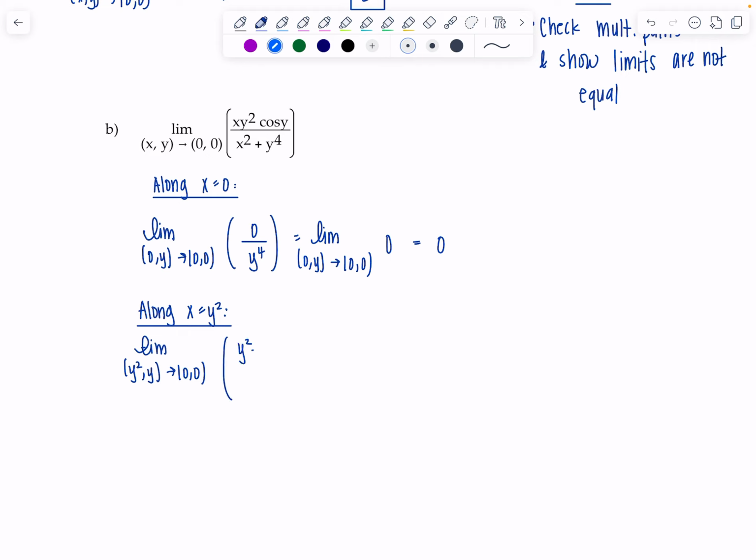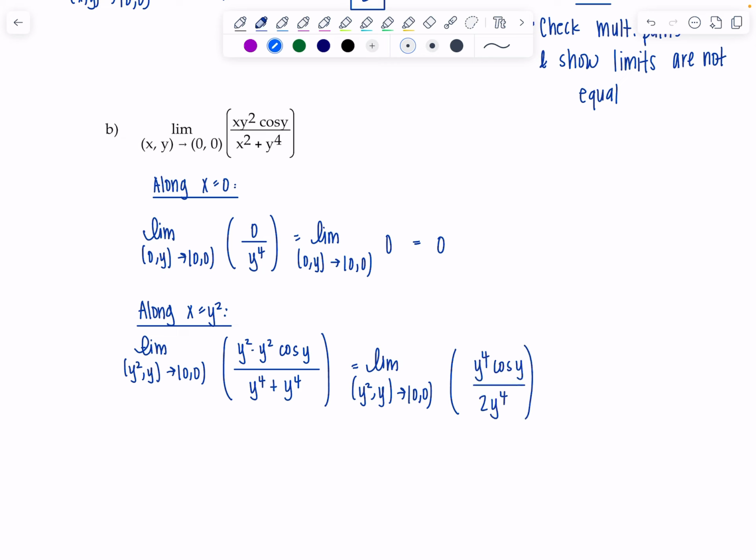So then you'd have y squared, cosine of y squared squared, that's y to the 4th, plus y to the 4th, right? Okay, then that's going to be the limit as (y squared, y) approaches (0, 0) of y to the 4th cosine y over 2y to the 4th. Things are going to work out great for us.